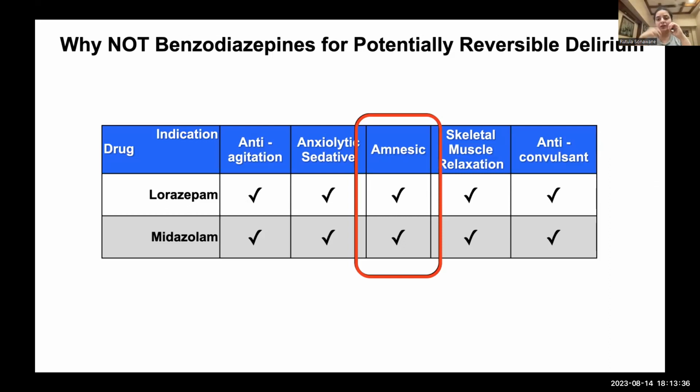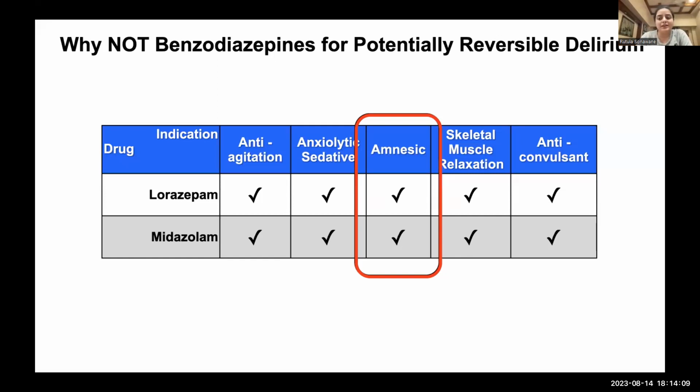Benzodiazepines should never be given as first line for managing a potentially reversible episode of delirium. They can be used to sedate a very aggressive patient, but they should not be given as a treatment for managing delirium, because they sometimes worsen the symptoms and prolong the delirious episodes.